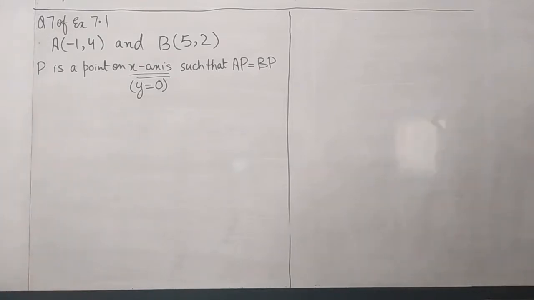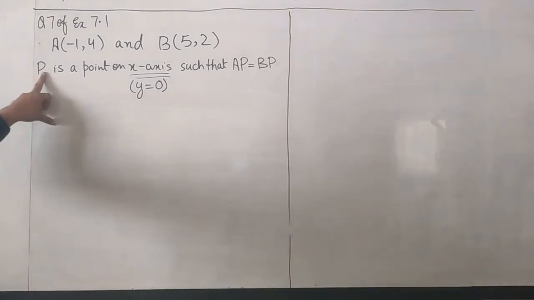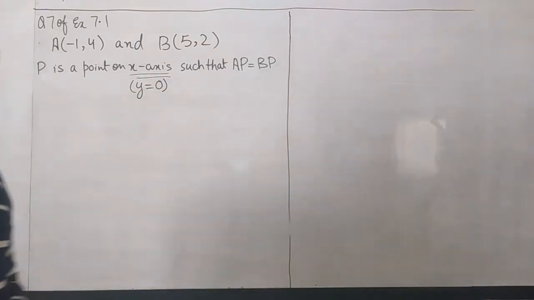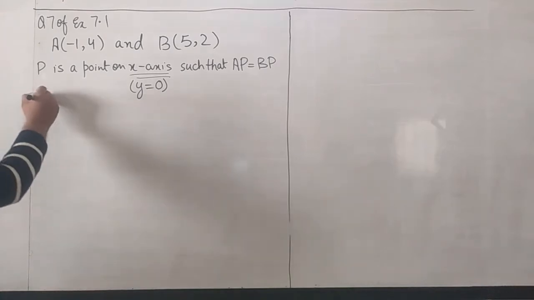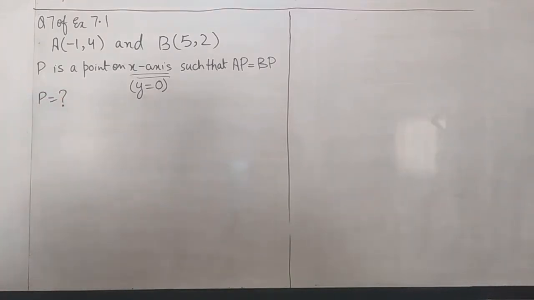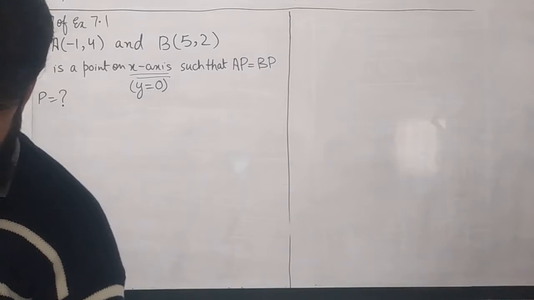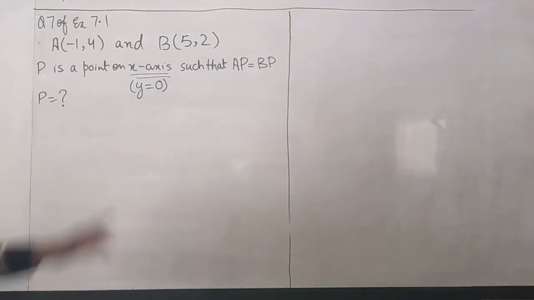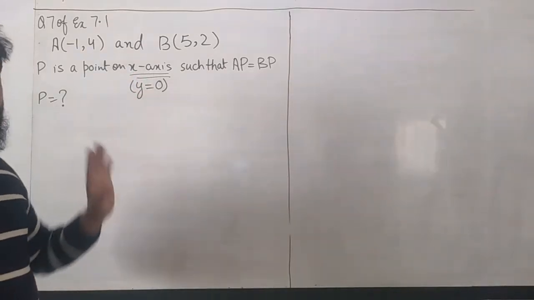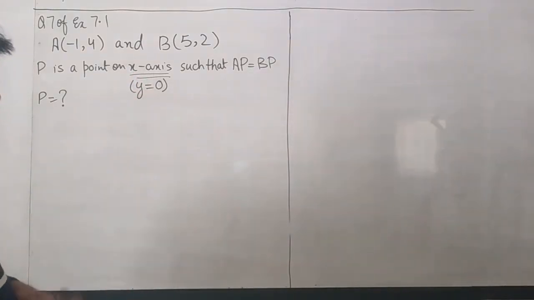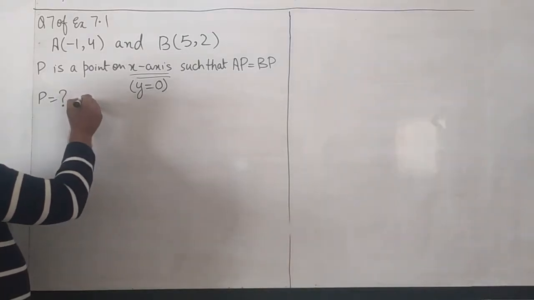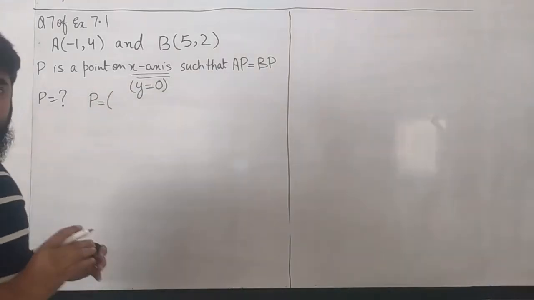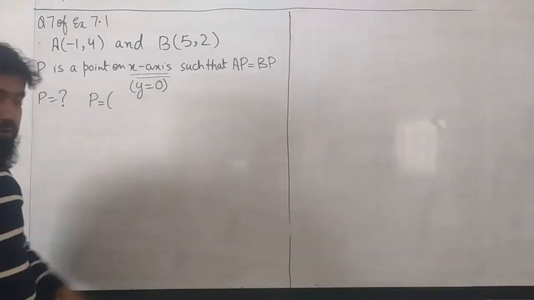Now, coming back to my question. They have given us that P is a point on x-axis such that AP equals BP. They are telling us to find the coordinate of P, which I don't know. But they have given us that P is on x-axis. So I am going to write the coordinate of P in a general form.